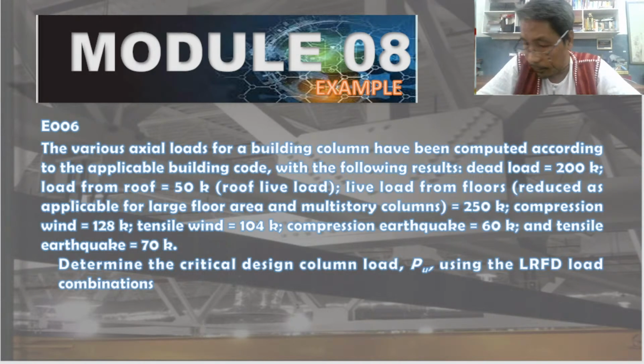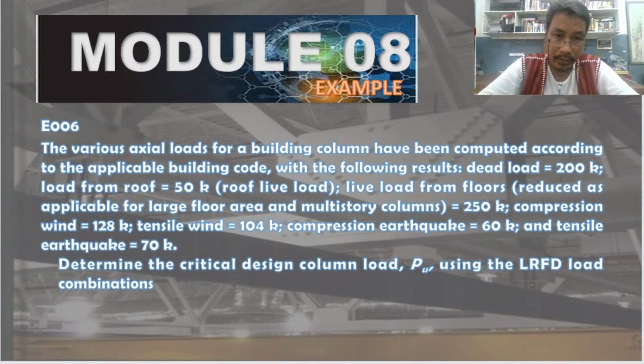So next example, sample number 6. The various axial loads for a building column have been computed according to the applicable building code with the following results. Dead load 200K. Load from roof, 50K, so roof live load.